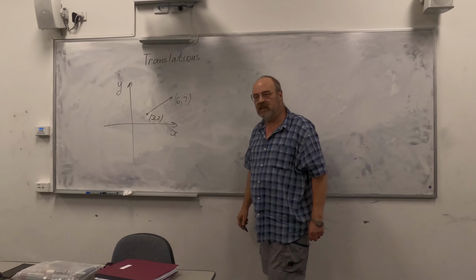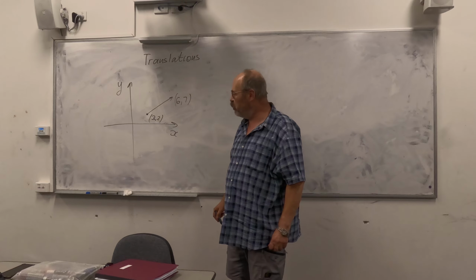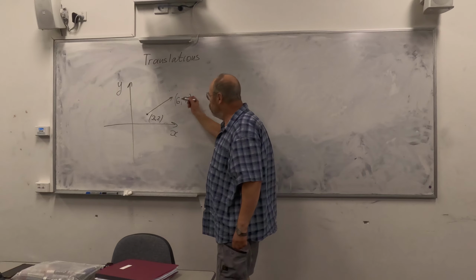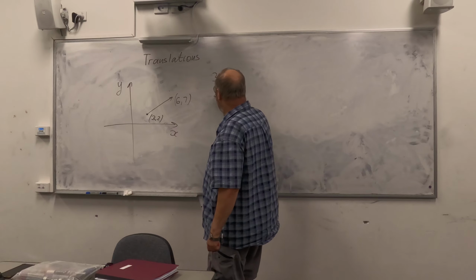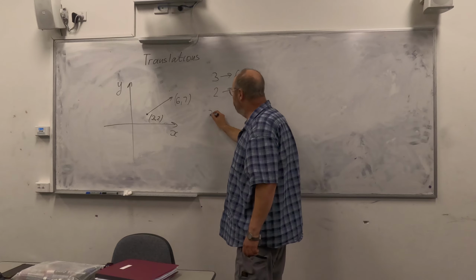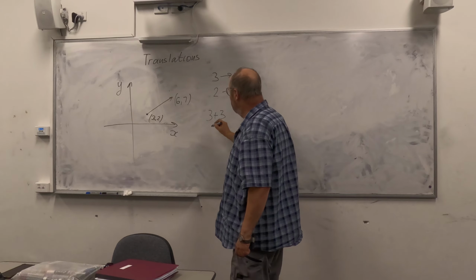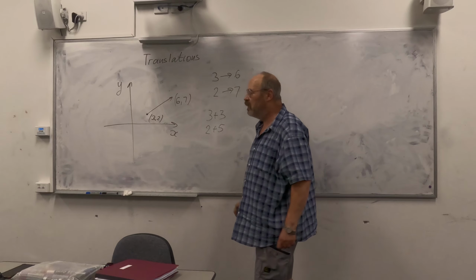So what happens? The x coordinate changes from 3 to 6, and 2 changes to 7. How did we do it? We have 3 plus 3 and 2 plus 5.